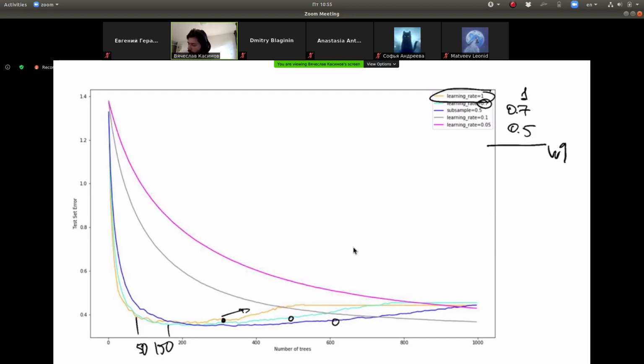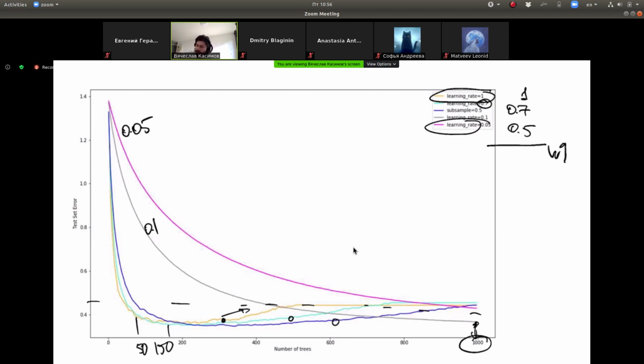Quite the opposite if we take a very small learning rate. This pink line is very small, and it does not reach the error level that, for example, the yellow line reaches, which is starting to grow. Same story for all its friends. This one reaches a much smaller error, but in 1,000 trees, because the smaller the step size, the more trees you need.